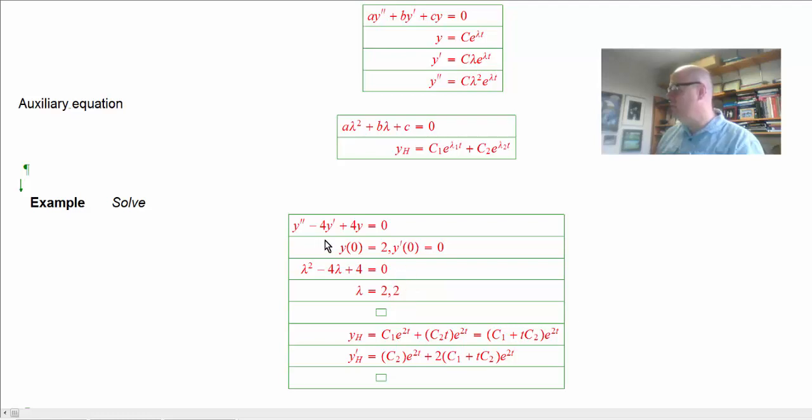Let's sub in, let's do the first condition. When t is equal to 0, y is equal to 2. That means that 2 is equal to, making t equal to 0 here, c1. The second condition is the derivative is equal to 0 when I make t equal to 0 in the derivative.